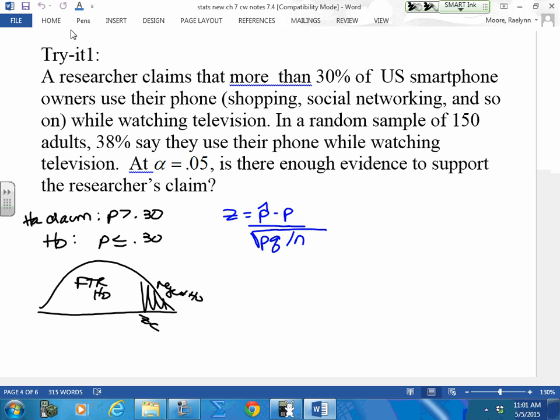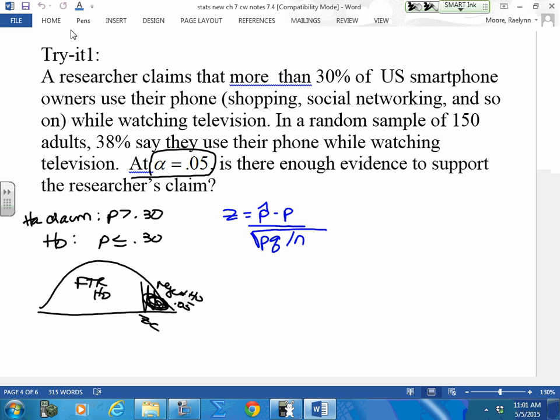Cutoff value. Ricky, what's my cutoff value? Okay, so what's my level of significance? So that means this area has to be 0.05. So since we're back to our z-score, do an inverse norm.